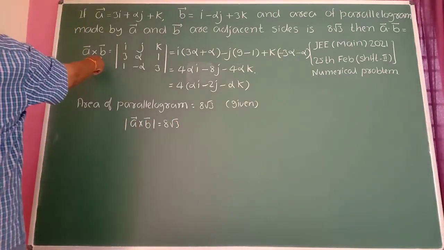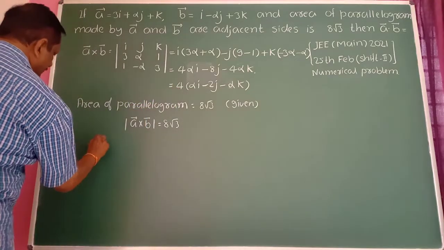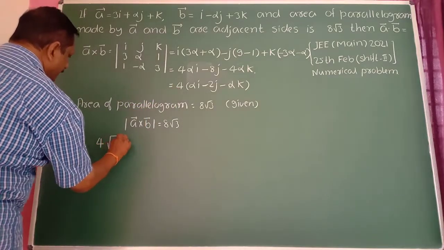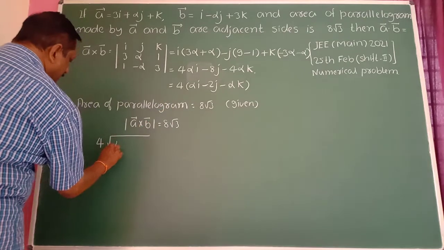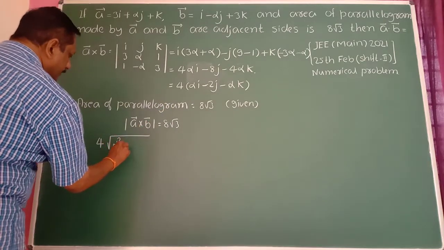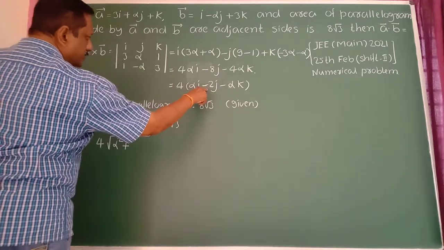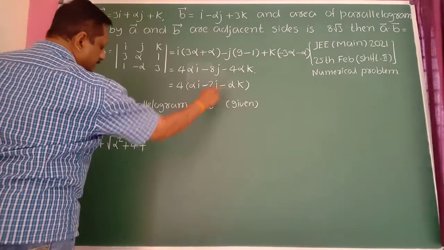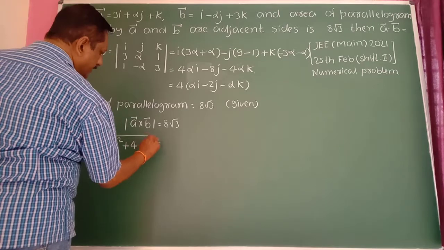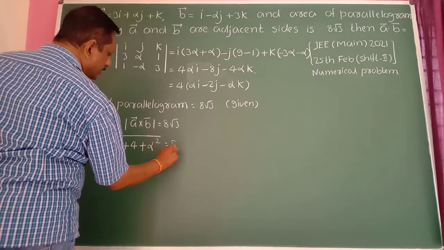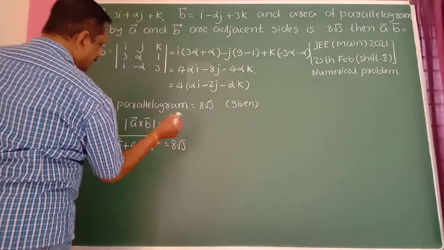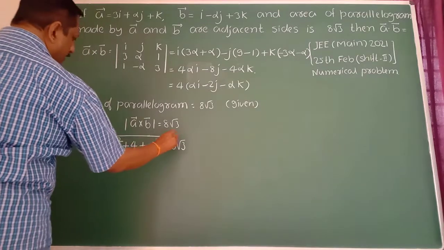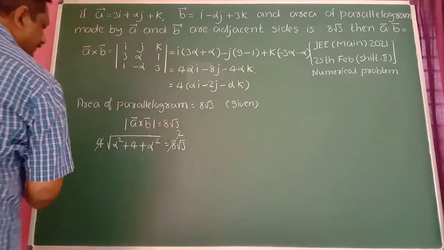A bar cross B bar is this vector. Its modulus is 4 into root of alpha square plus minus 2 square becomes 4, plus minus alpha square is alpha square, that is equal to 8 root 3. 4 ones are 4, twos cancel here.